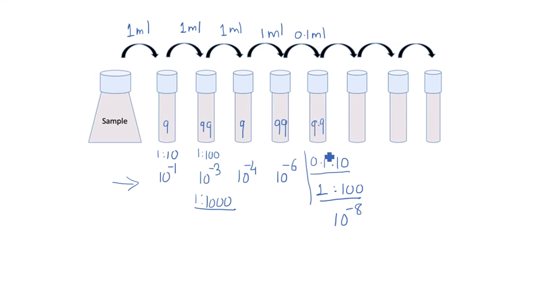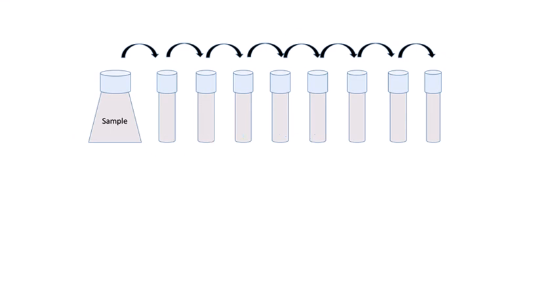Now let's do one for practice. Here I'm going to write down the amount of sample I'm going to add in each tube and the diluent, and then we will work the problem together.